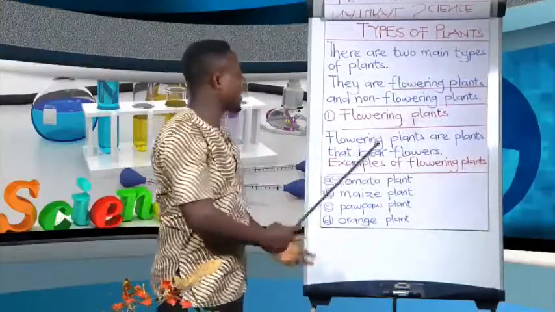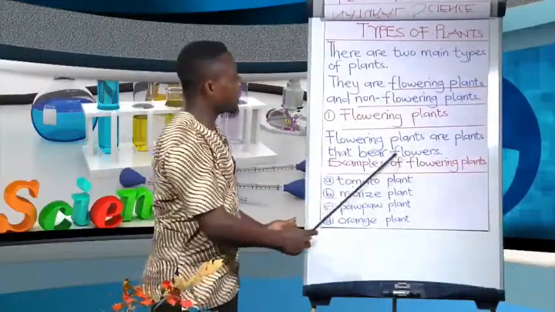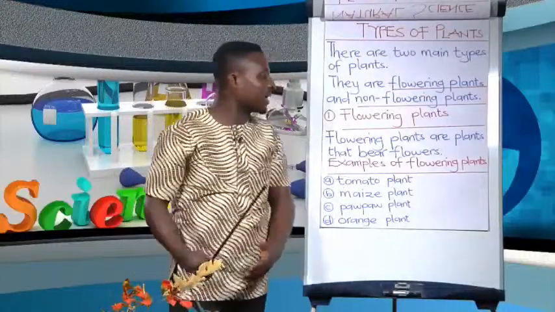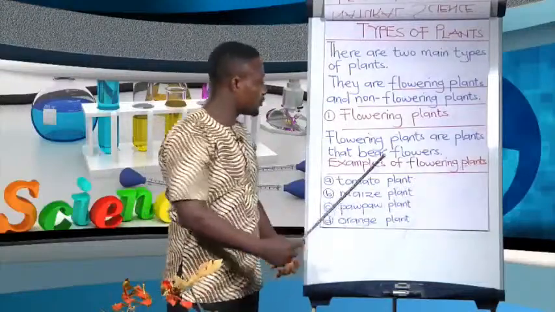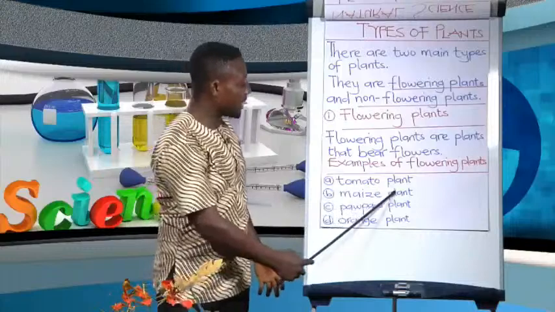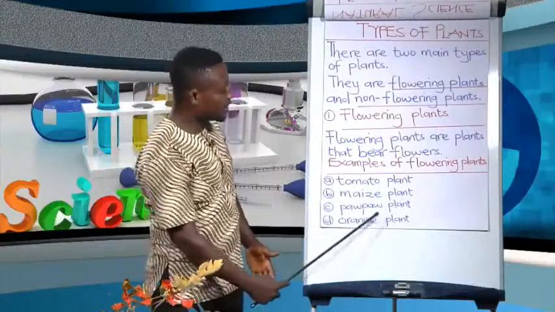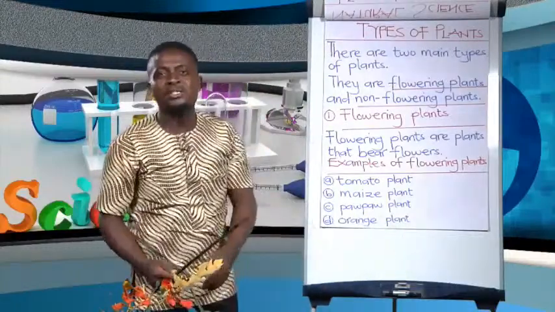And flowering plants are plants that bear flowers. Some examples of flowering plants were shown to us. Examples are tomato plant, maize plant, pawpaw plant, and the last, orange plant. Orange plant also produces flowers.